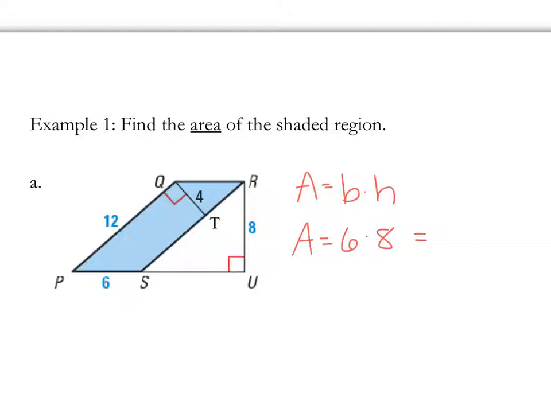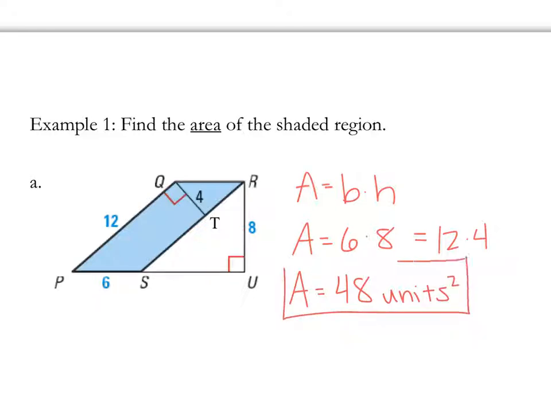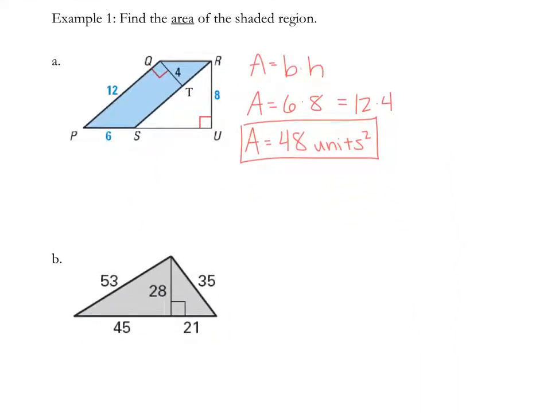You maybe have saw the 12 and the 4. 12 times 4. So actually, 6 times 8 is 48, and 12 times 4 is 48. So in this case, we have the same answer, which will be always the case if you have a base and a height. You won't always get both heights, though, in parallelograms.